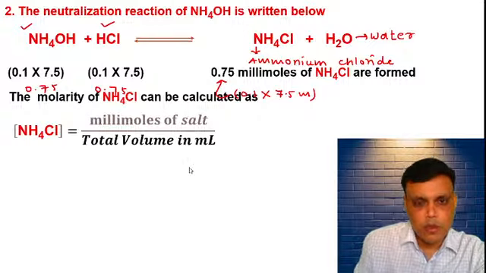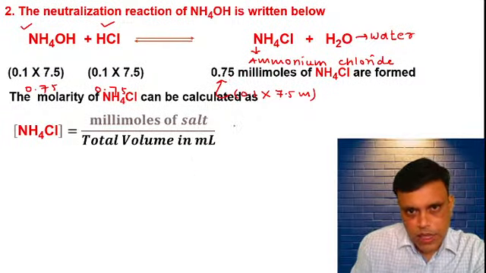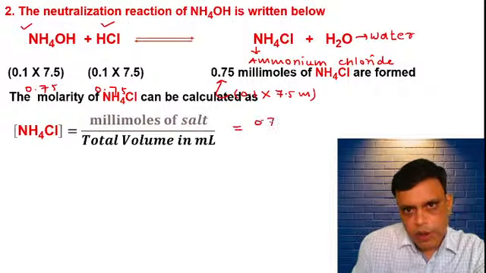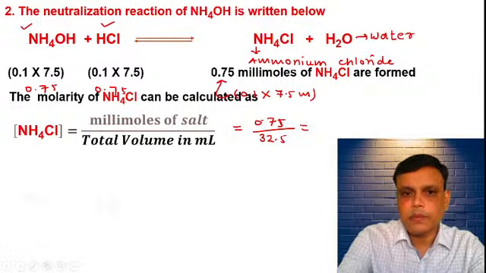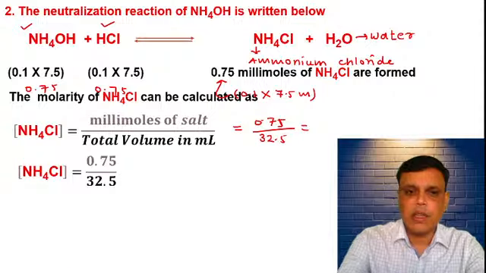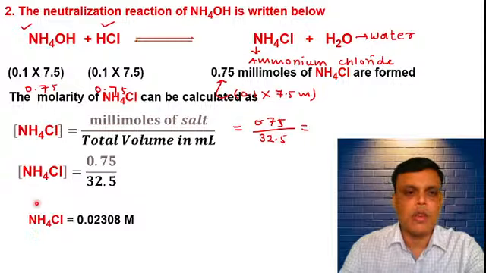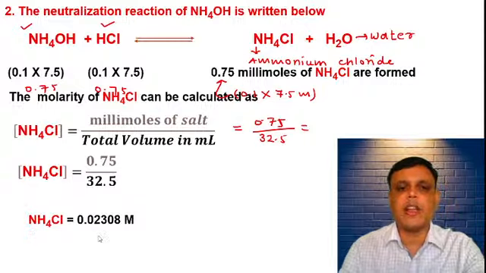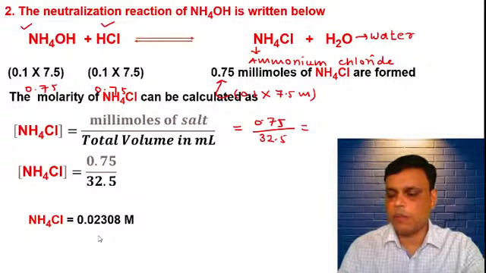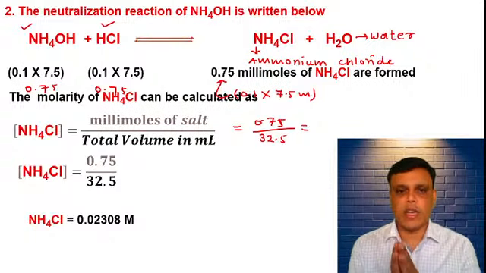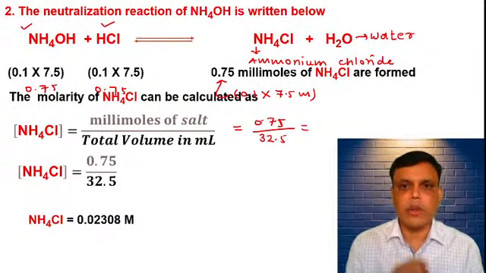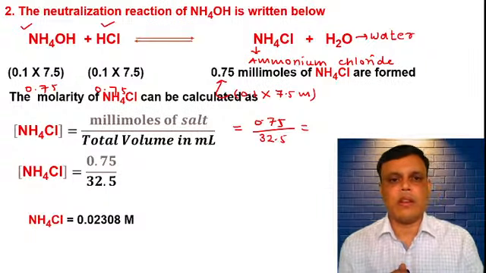So 0.75 millimoles of salt will be formed, and total volume is 32.5. How much is this? It will come 0.02308, so the molarity or concentration of ammonium chloride is 0.02308 molar. Write down or note down this value. We will require this value for calculation.